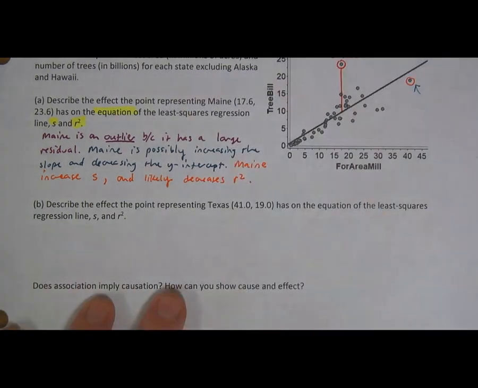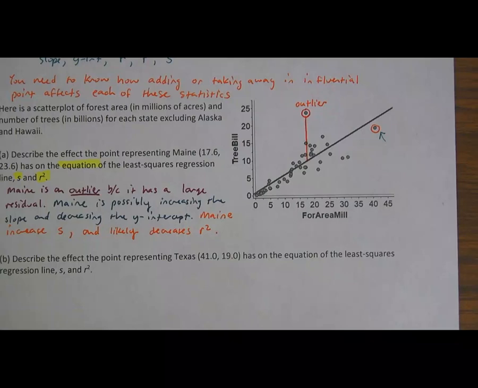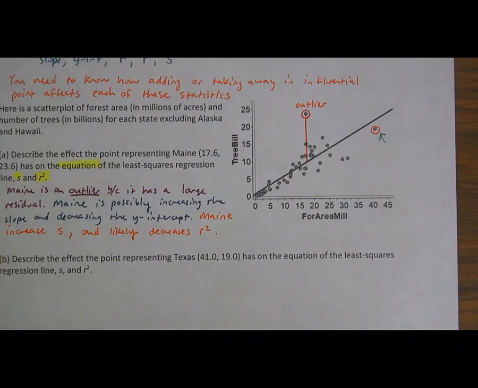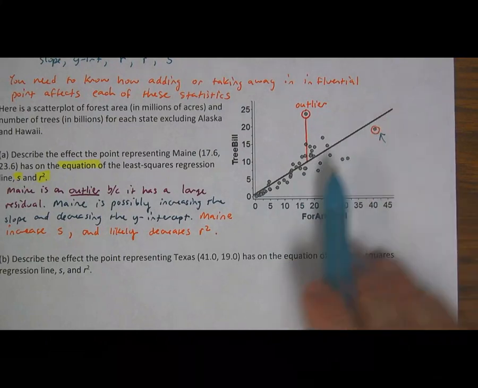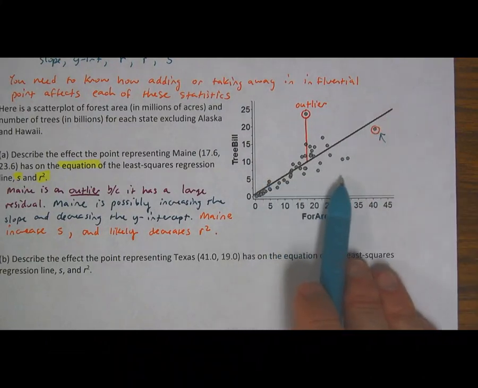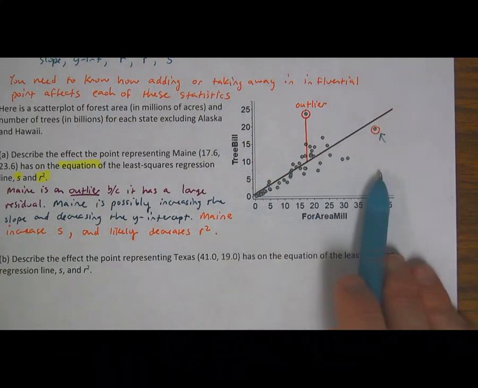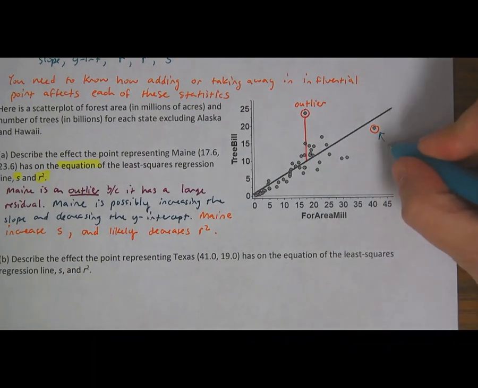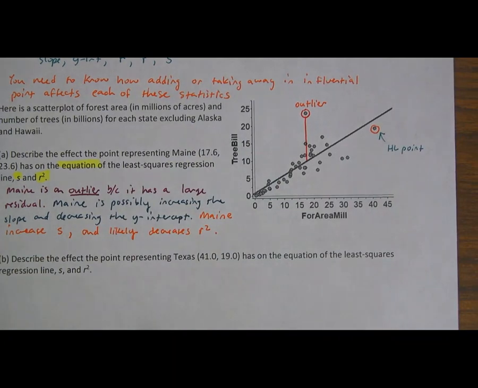Is that an outlier or a high leverage point? It's a high leverage point because it's within the overall pattern, but it's far away in the x direction from the other dots. So that's a high leverage point. That's Texas way out there.